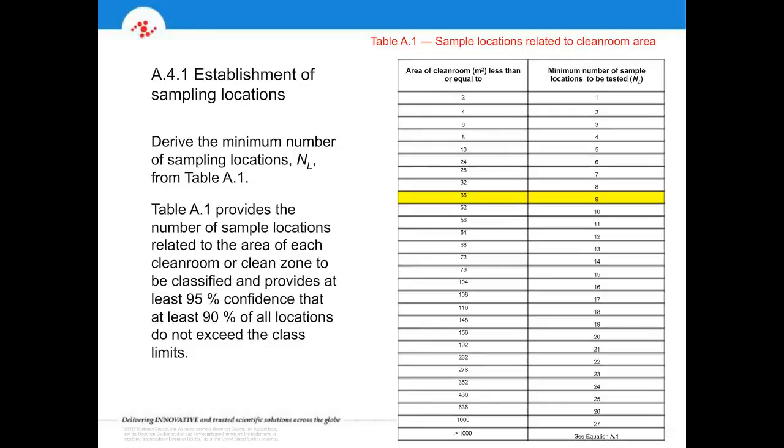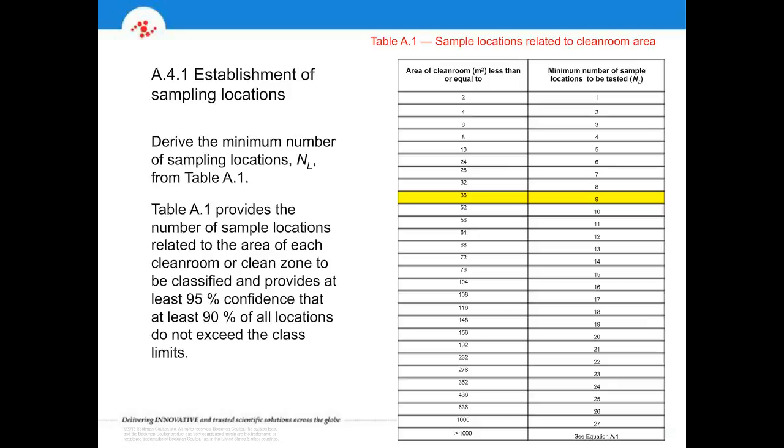So in the current document, there is this chart, and I realize in my presentation here the numbers are quite small, but if you look at this, you can see to the left we have a column that references square meters still, so we're still speaking about an area based in square meters. For any particular point in the column, you look at your number and find out if it is exactly that. If it's not, if it's in between, then you take the next highest one. And from that, we derive a minimum number of sample locations. So a little bit of the same process, just based on a chart.